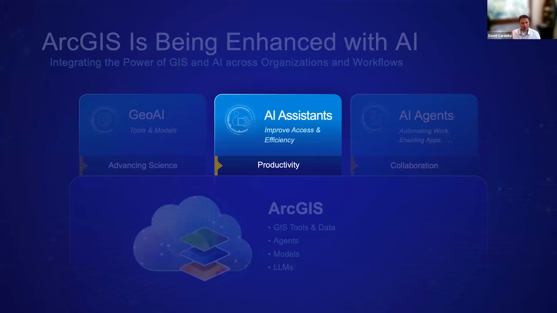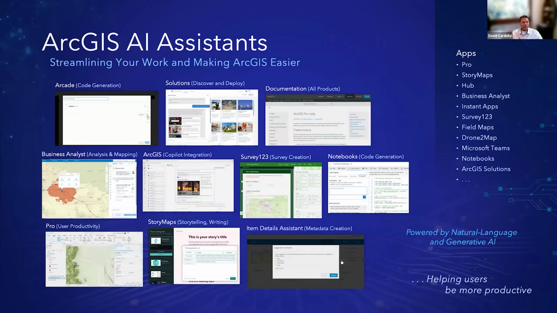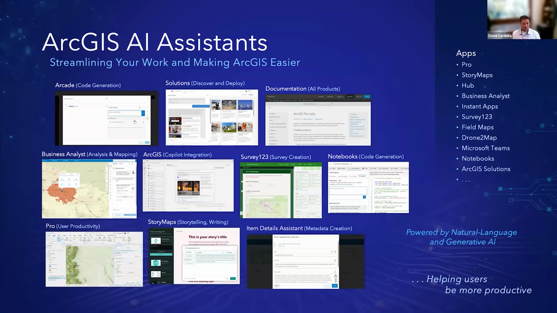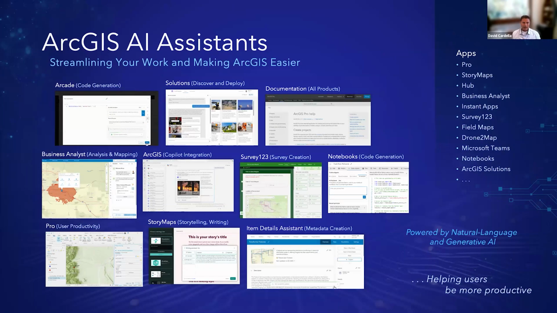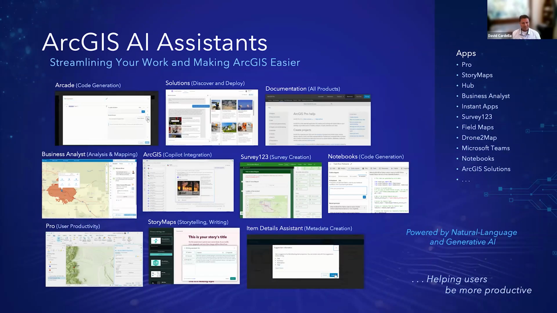In the area of AI assistance, it's all about providing you with a streamlined way to make your daily work easier, faster, and more efficient. And so we have a number of different assistants that have been integrated into various aspects of ArcGIS.